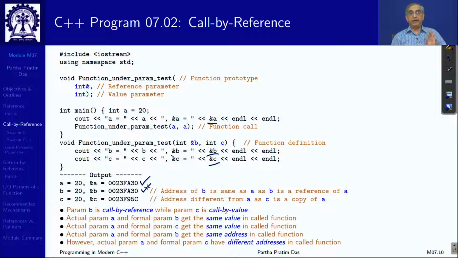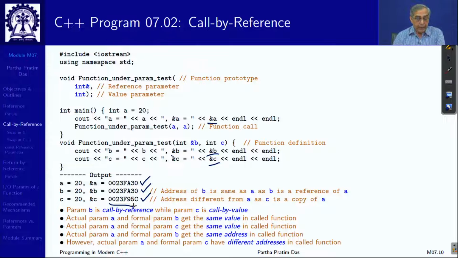So, it is talking about the same variable only, whereas c, which is called by value, is a copy, it is a different variable in the function as a formal parameter, and will have a location which is different from a and b. Right?